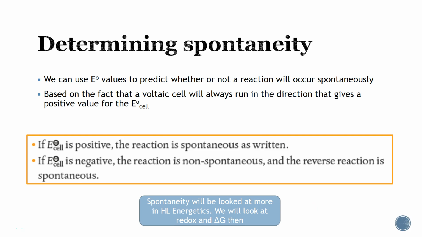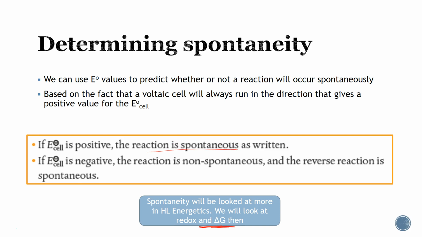Essentially, we can use this to determine spontaneity, i.e., will the reaction be spontaneous? Again, spontaneity is generally something that we'll look at more in HL when we talk about Gibbs free energy, but for now, if E0 of the cell is positive, the reaction is spontaneous as written.